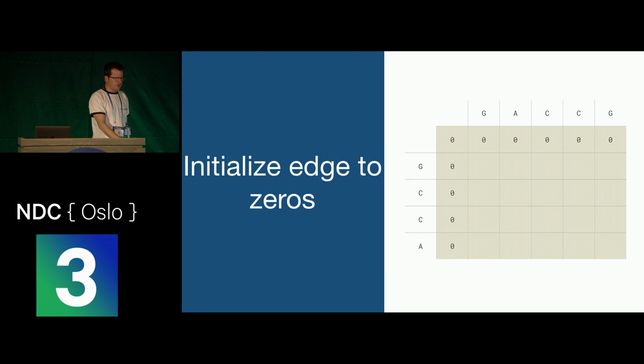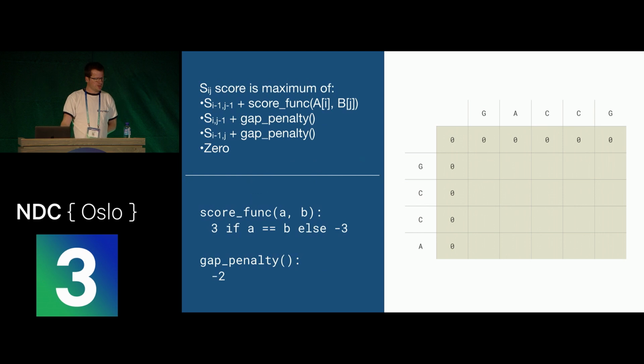So the first place we want to find a score is for G and G. Obviously those match, and so following this little algorithm here, the score at this cell is the maximum of either the score at the diagonal, which is 0, plus the score function s(a_i, b_j), or the gap penalty plus the scores at the sides.